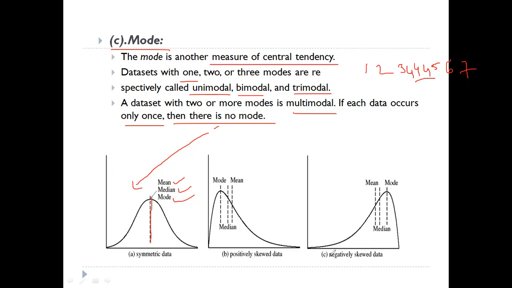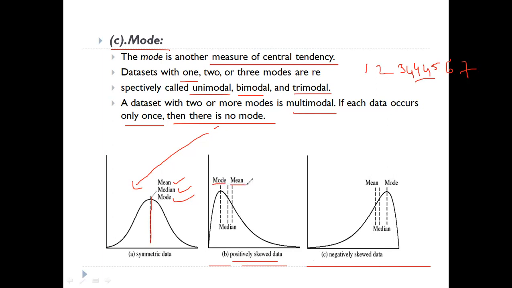And coming to multimodal, which may have 2 or more modes, the data that has 2 or more modes is also called multimodal. If you have multimodal data, you may get either this kind of graph or this kind of representation. This is called positively skewed data. In positively skewed data, the mode value is less than the mean value.